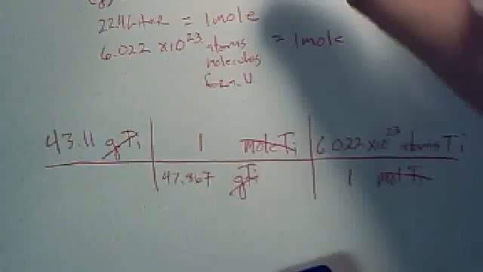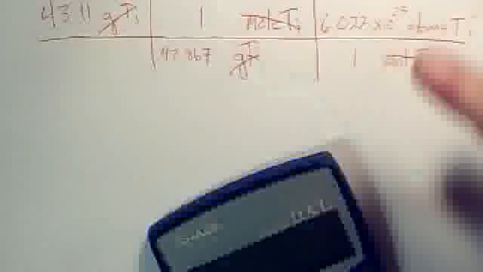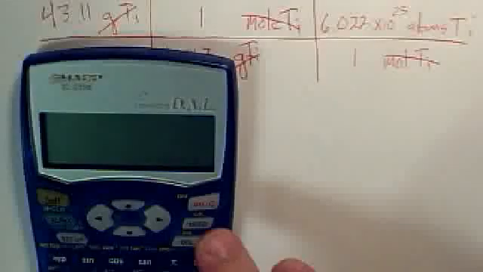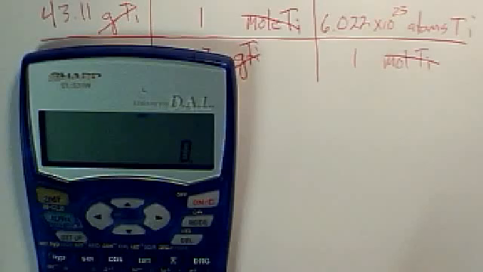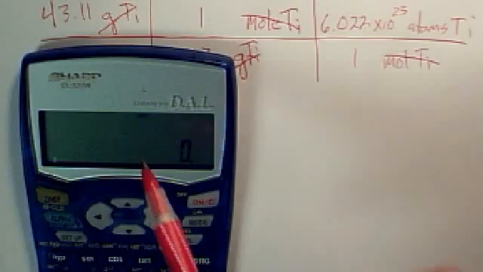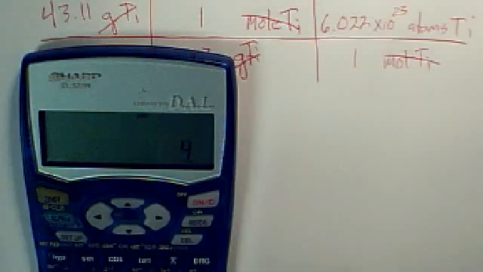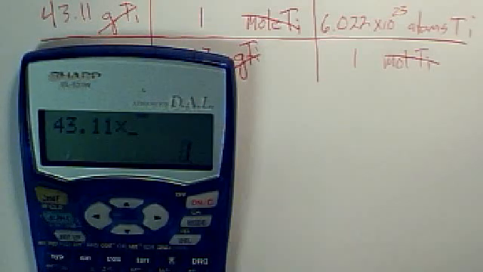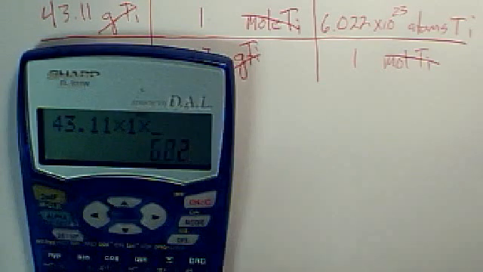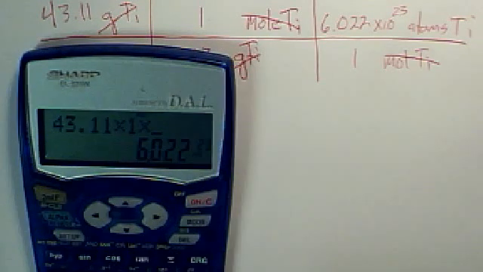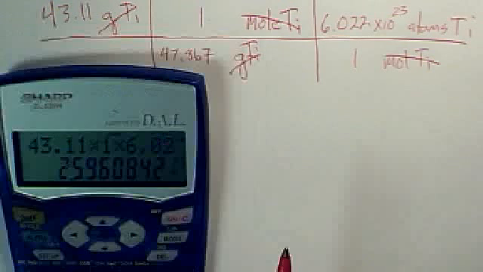So I take my calculator and I'm going to multiply across the top. So 43.11 times 1 times 6.022 times 10 to the 23rd equals the big long number, 2.5968 times 10 to the 25th.